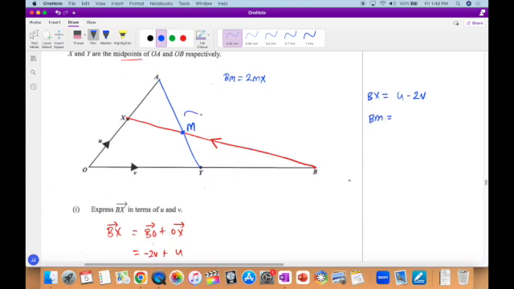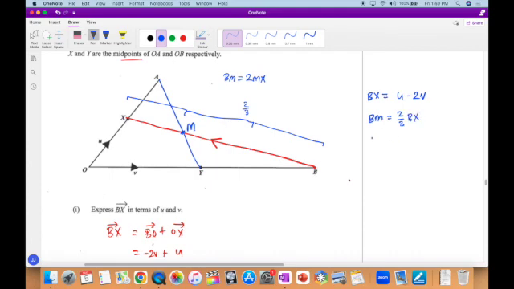Notice BM is twice MX, so 2 of this will give us 1 of this, XM, right? So if we take 2 times MX, that is the length of BM. So this whole thing is 3, and therefore BM is 2/3 of the entire BX.